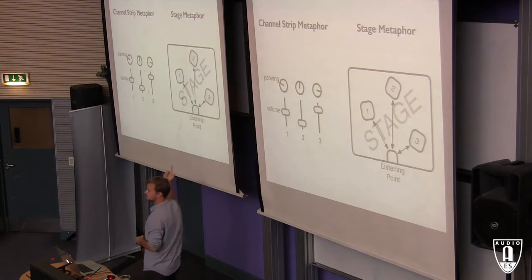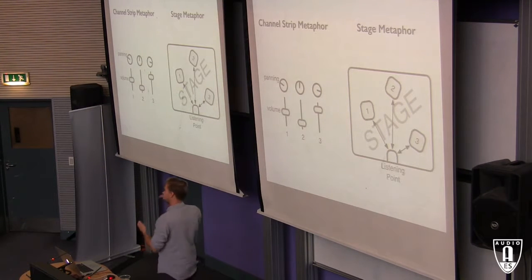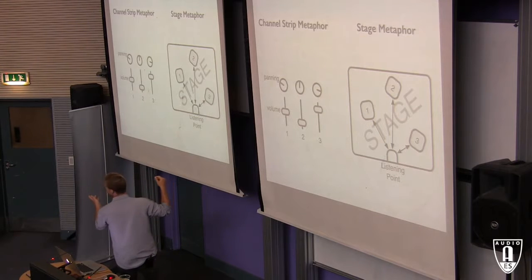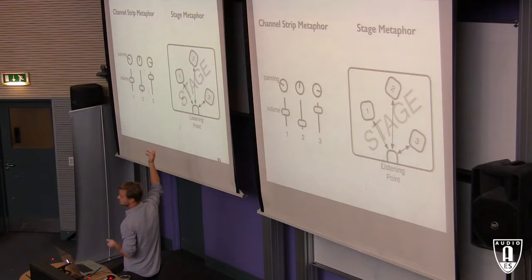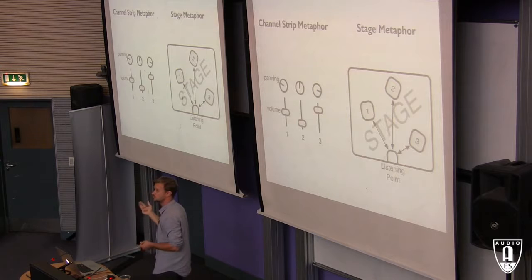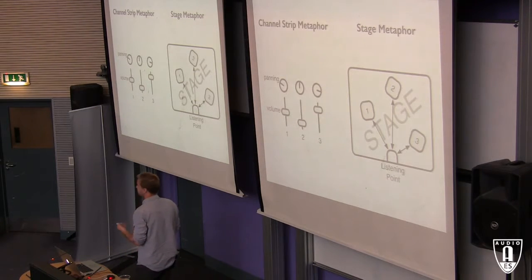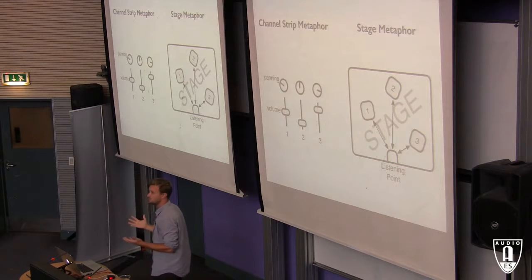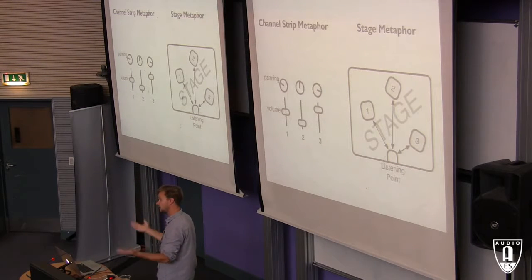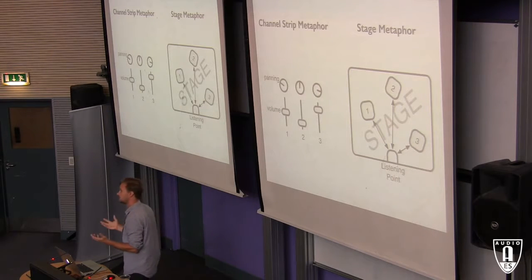The position relative to a virtual listening point determines how it's panned either to the right or to the left, and the distance from the listening point determines the volume. So the further away, the lower the volume. The idea is that this space kind of maps to how many would think about a multi-track mix.